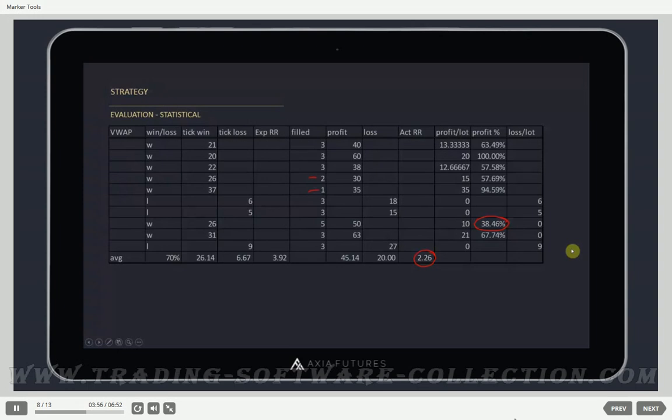The difference is you've been filled 5 lots. Perhaps this is an attempt to up the size, but you've only taken a profit of 50. The expectation, if you put 5 lots on a 26 tick win, your expected profit should be 130. So you're actually seeing a much greater dip in your profit percentage.